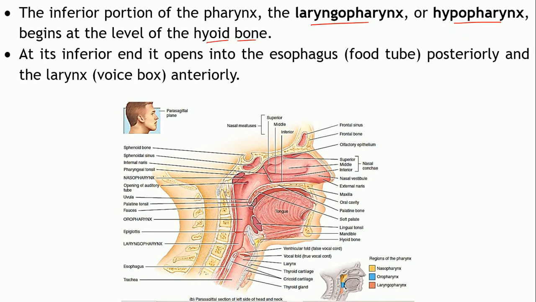And at its inferior end, that is over here, it has two openings. Okay, so posteriorly it will open into the esophagus, that's a food pipe, and anteriorly it will open into the next part of the respiratory system, that is the larynx. So it has two openings.